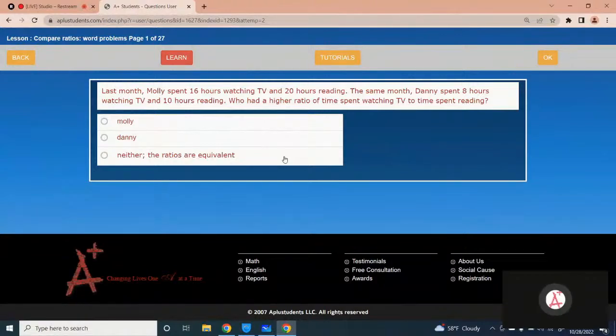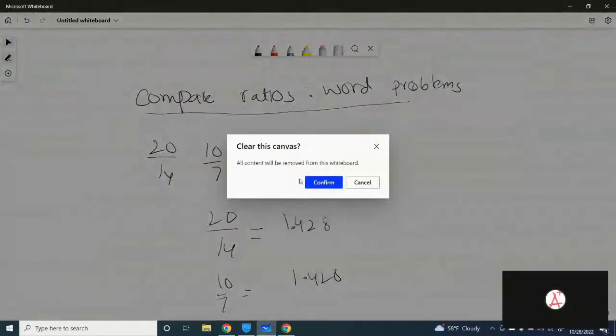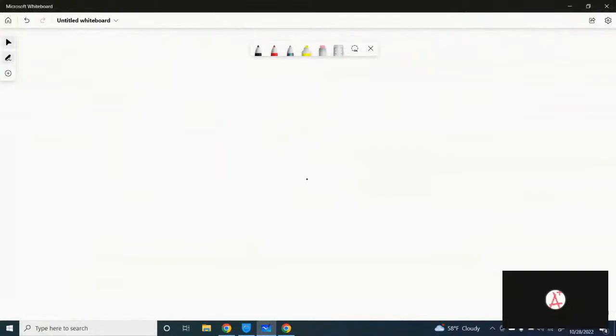So the fractions are 16 over 20 and 8 over 10.